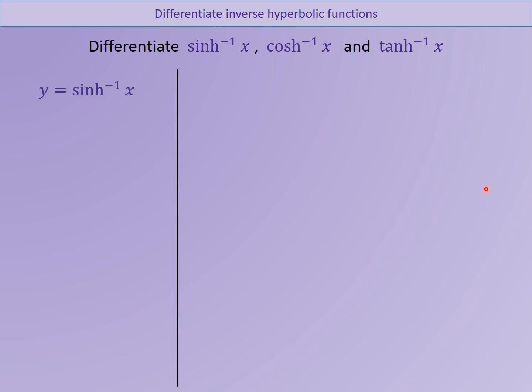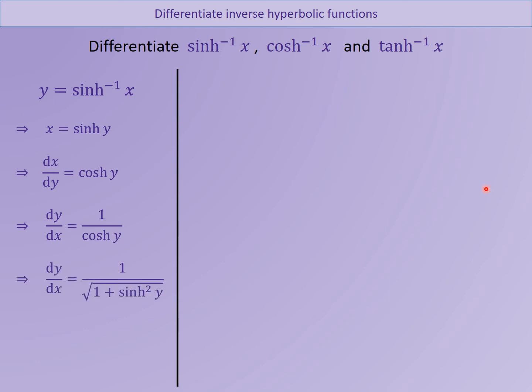So for sinh to the minus 1, or arsinh, we rearranged it. We made x equal sinh y. We differentiated it, and of course sinh goes to cosh. We can substitute that, we can rearrange it to get dy over dx. But then we also know that sinh squared and cosh squared are linked together.